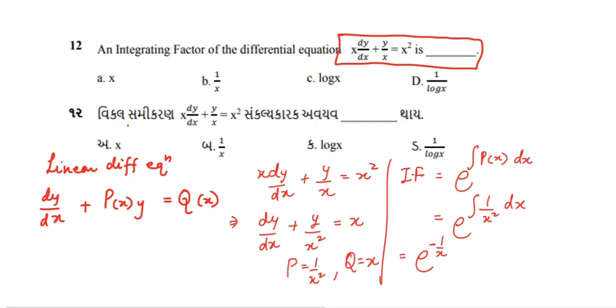By solving further it can't be solved, so this will be my final answer. I am not getting any of this option, so maybe there is some mistake in the options, or you can put here that this can be your final answer, e to the power minus 1 upon x.